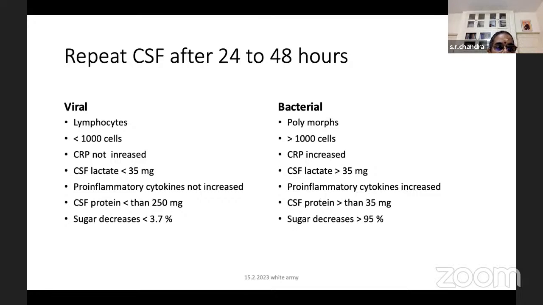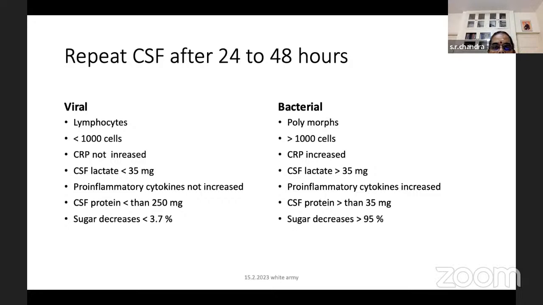Cell count is always less than 1000. CRP is not increased. CSF lactate is not increased. Pro-inflammatory cytokines are normal, CSF protein is never more than 250, and sugar decreases by 3.7%. The repeat sample is really educative, so it will reduce some of our confusion. So these features are pointing to viral.